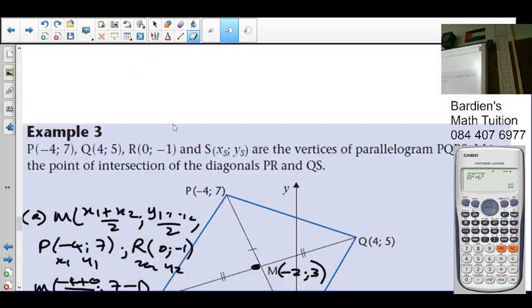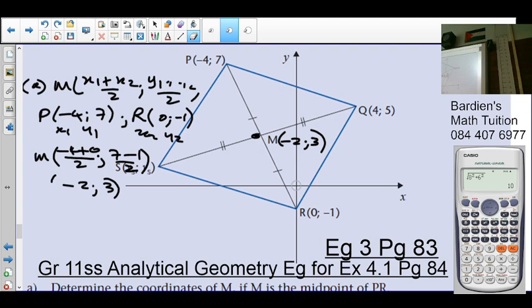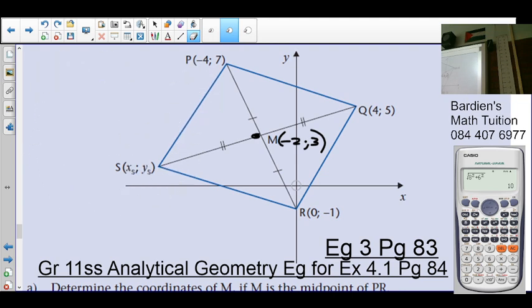People, the next question is what? The next question says, if M is also the midpoint of QS, the coordinates of S. So what am I doing now? Working backwards, he's saying. You're working in reverse. Now we've got the line segment here. We've got the midpoint.